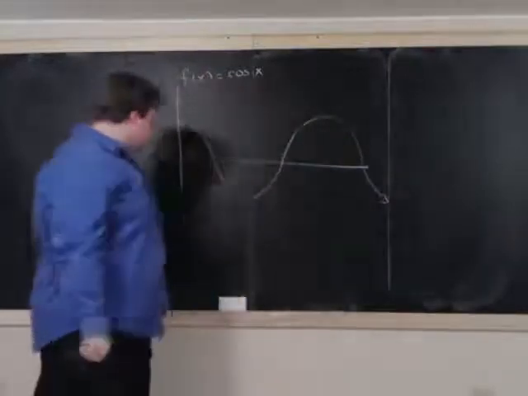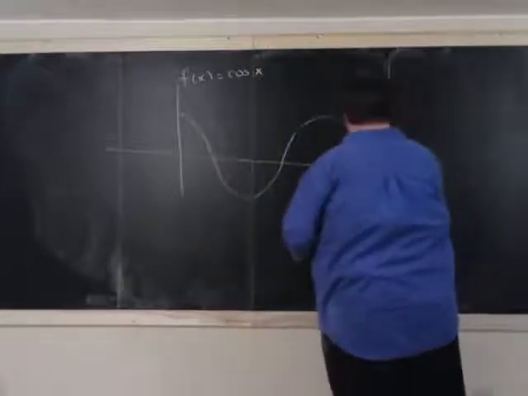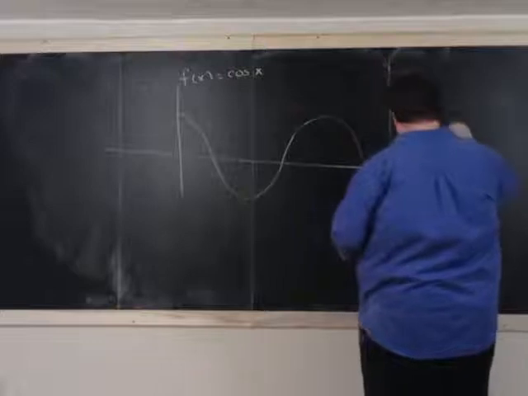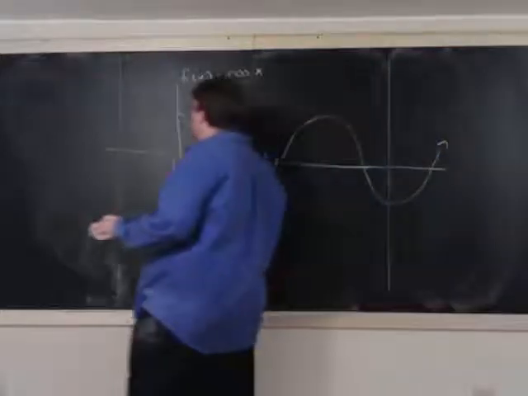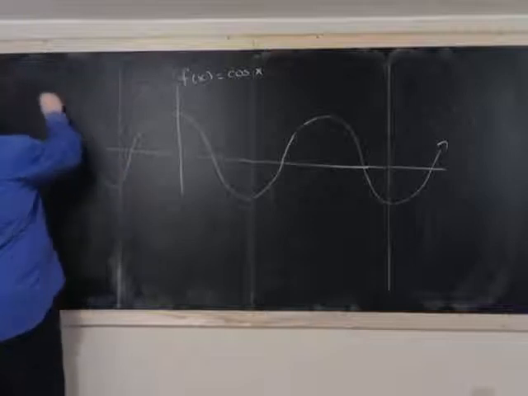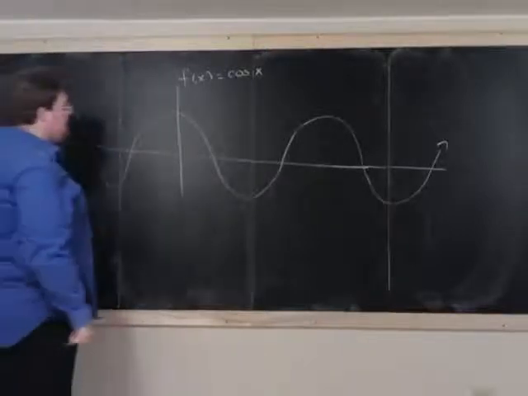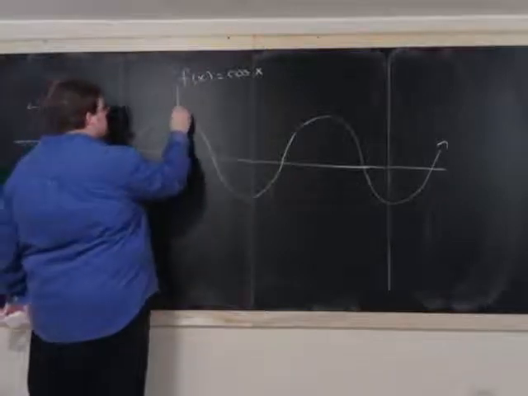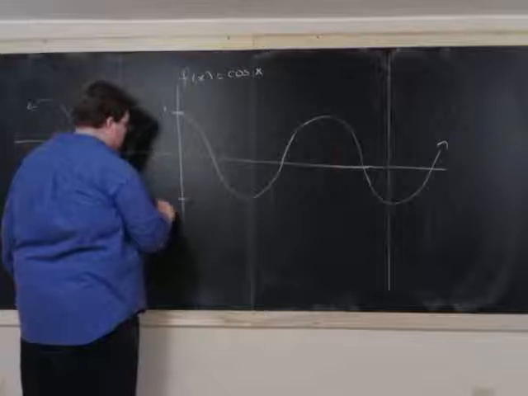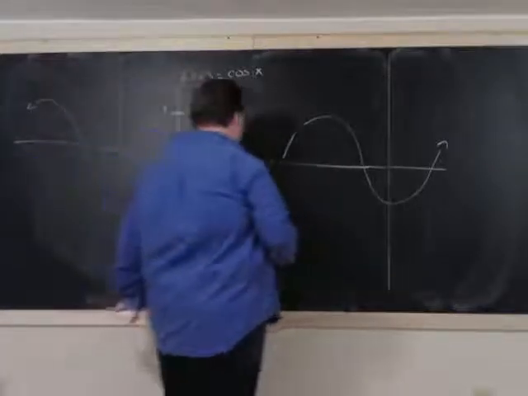It looks quite similar to sine, except it's actually shifted over a little bit. And instead of starting at 0, 0, it's going to start up at 0, 1, because cosine of 0 is 1. And this bottom point is negative 1.